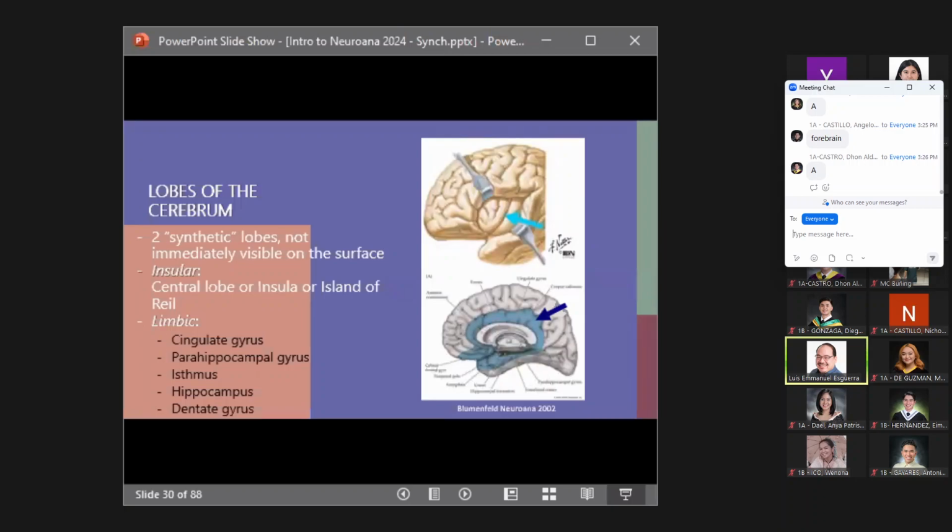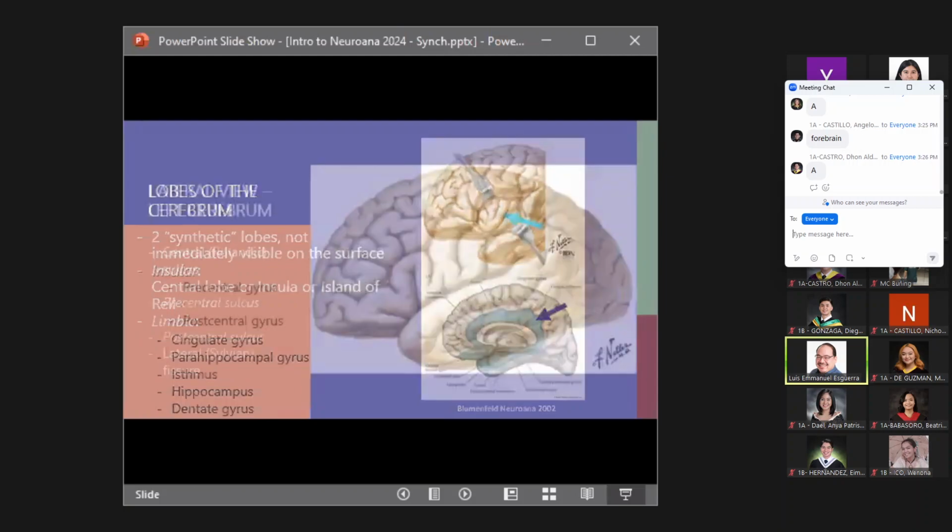So they are more in the central part of the brain. These are the structures that are part of it: the cingulate gyrus, parahippocampal gyrus, the isthmus, hippocampus, dentate gyrus. Later on you'll identify them when you look at the brain specimen. So that's the sixth lobe of the cerebrum.